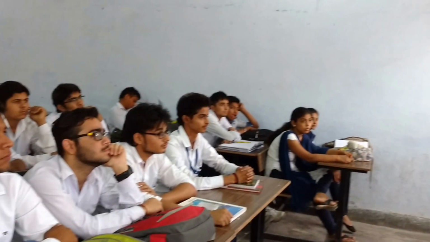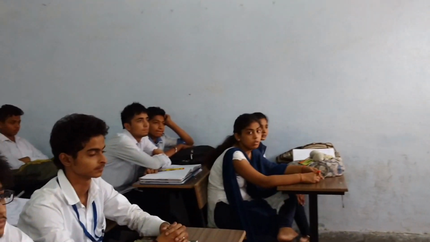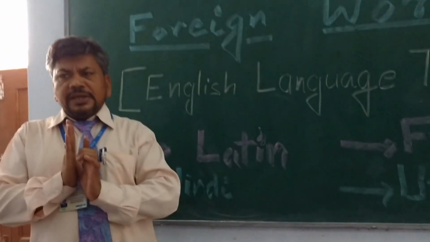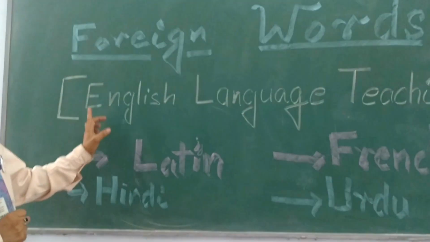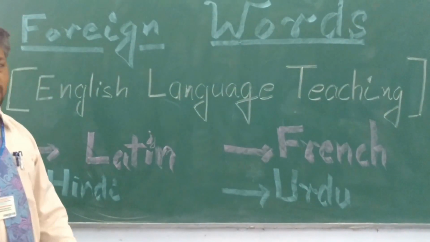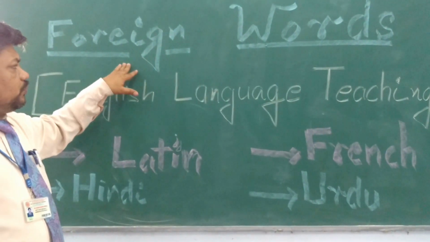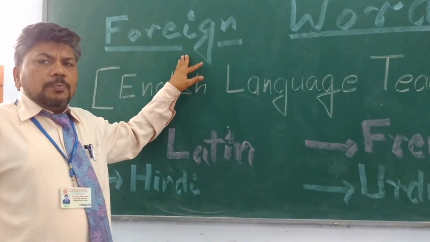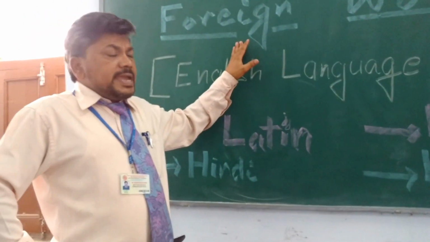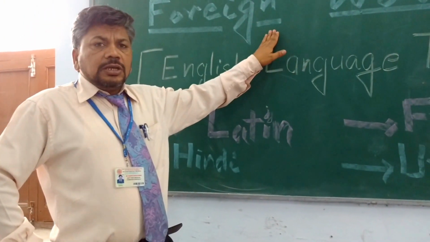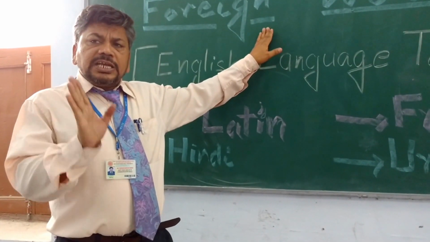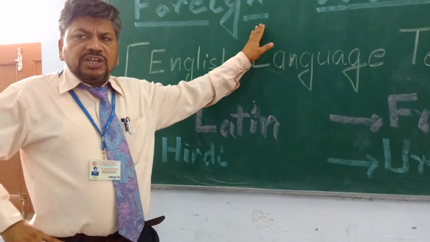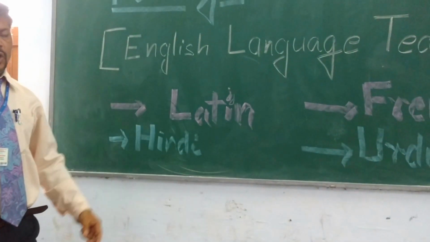Today we had a nice talk on foreign words, and I would like to clarify once more that in the class of English language teaching, whenever we talk of foreign words, first we need to know what is foreign. When we discuss foreign words in English, we will talk about anything that is non-English, borrowed from any other root, any other language; it will fall in the category of foreign words.